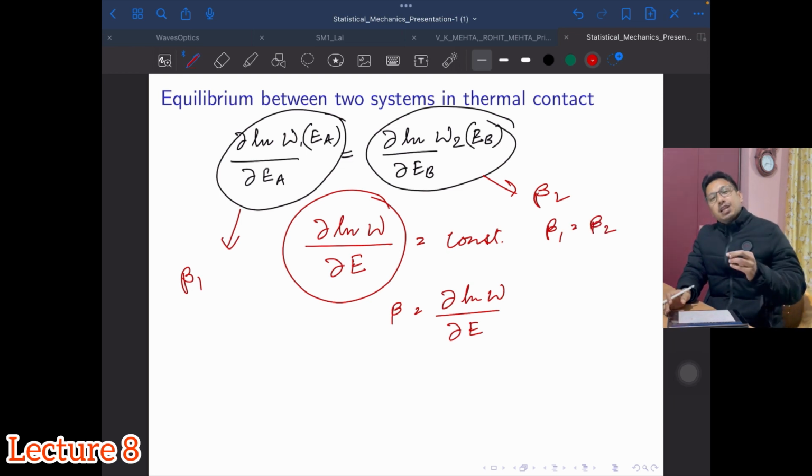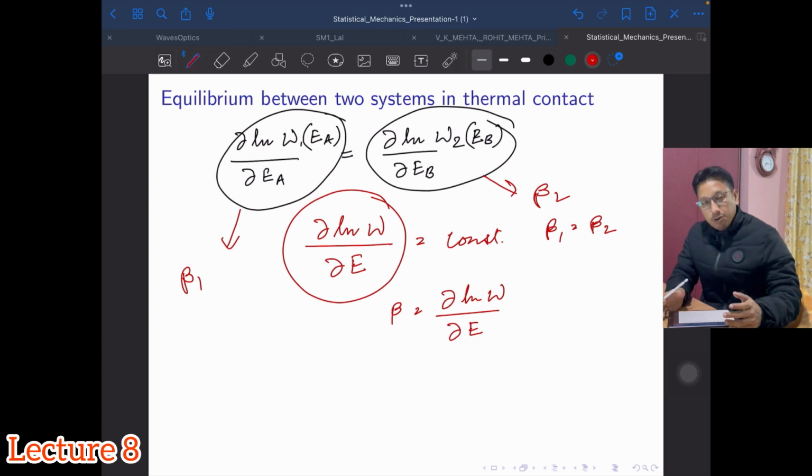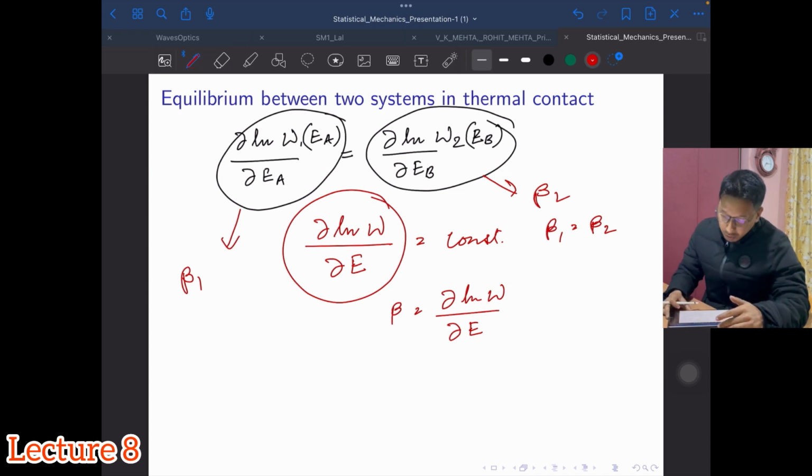There has to be some relation between the equilibrium we discuss from the statistical point of view and from the thermodynamic point of view. It's the same two systems, just a different approach. So there has to be some relationship between this beta and temperature.